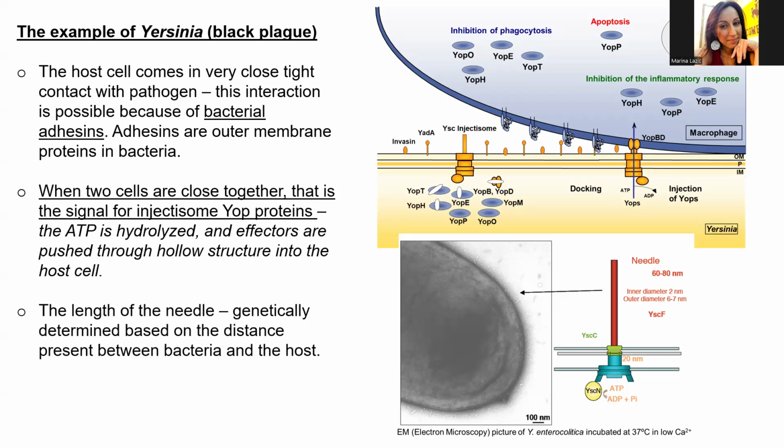And the length of this needle, and again, the needle is the landmark, is genetically determined, and it is based on the distance between the host cell and the pathogenic cell. It will depend on how much adhesive protein you have to secrete to get closer attachment.